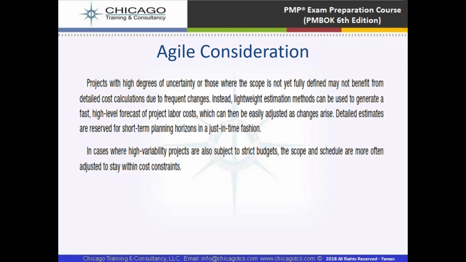Instead, lightweight estimation methods can be used to generate a fast high-level forecast of project labor cost, which can then be easily adjusted as change arises. Detailed estimates are reserved for short-term planning horizons. Projects that have a high degree of uncertainty, or where the scope is unknown, may not benefit from these detailed calculations because there may be frequent changes.